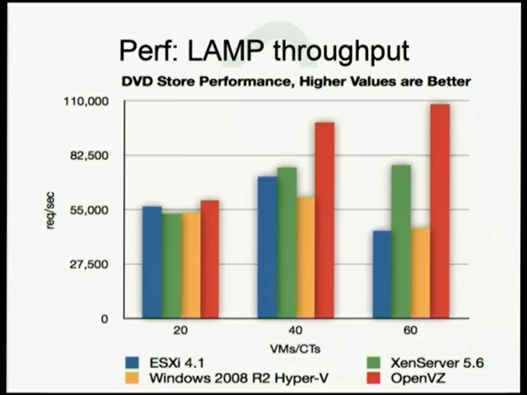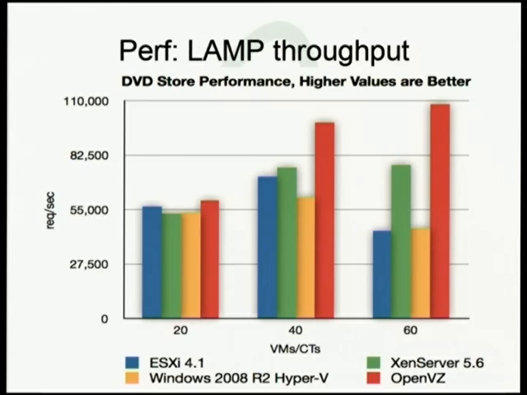What we did, we ran 20, 40, and 60 containers and VMs, and we compared how many requests per second they can do. The rightmost bars, the red ones, are OpenVZ. As you can see, it's more scalable.